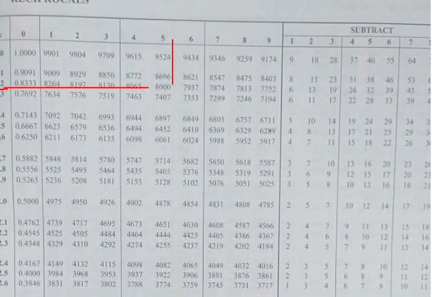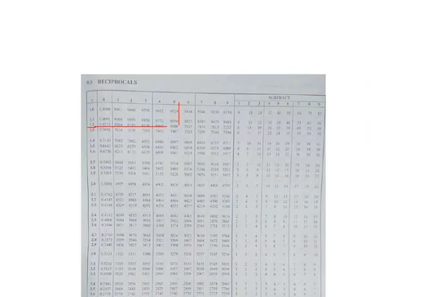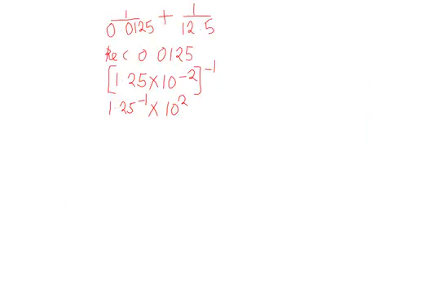So that number should be written as 0.8000, multiplied by 10 power 2, which will be equal to 80.00.